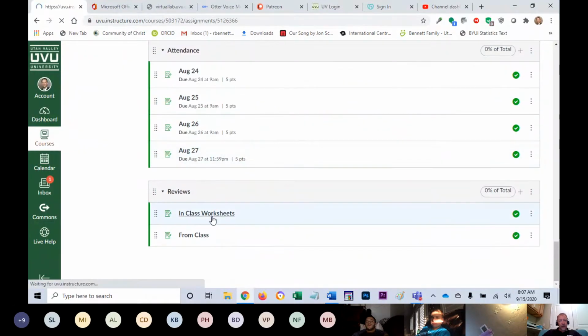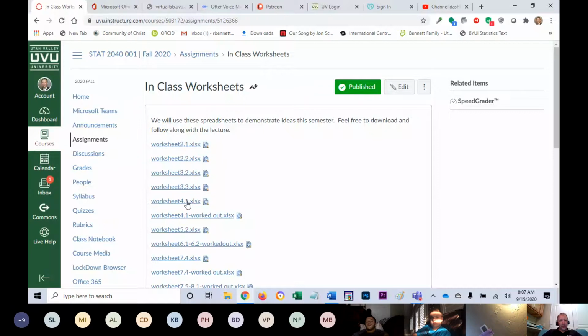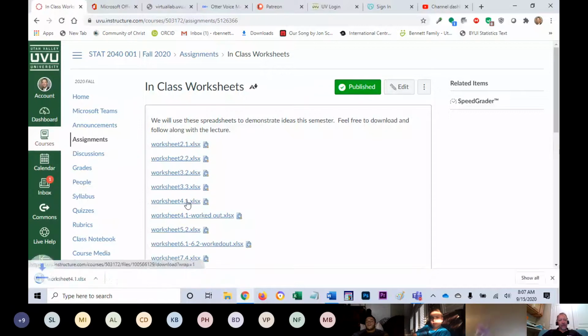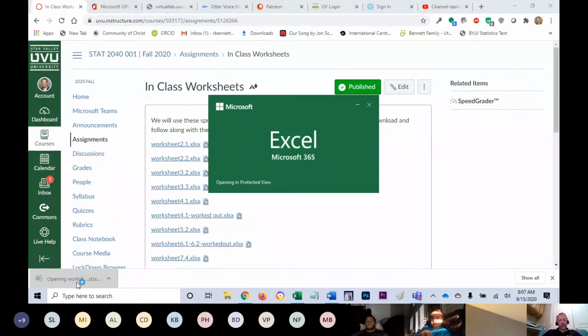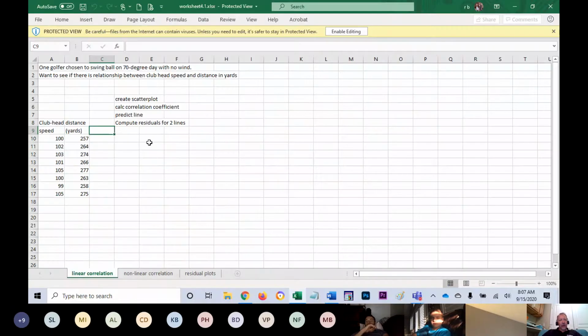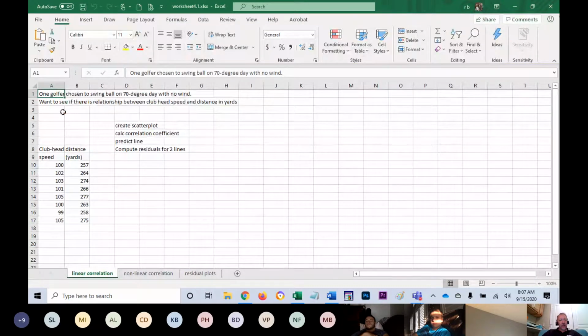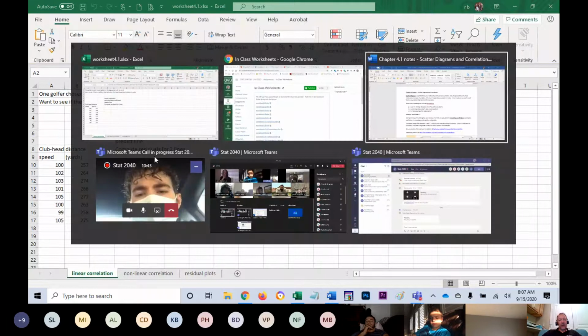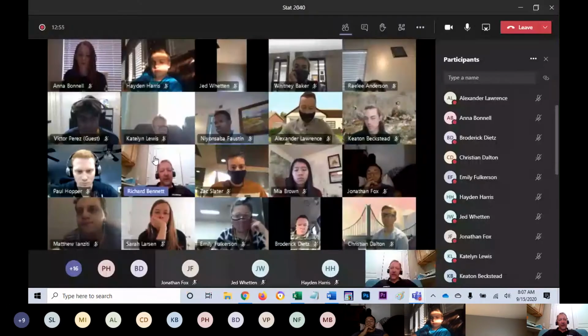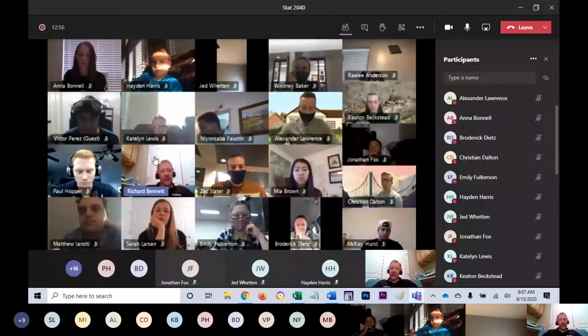All right, so I'm going to pull up this spreadsheet, worksheet 4.1. A golfer has chosen to swing the ball on a 70-degree day with no wind. We want to see if there's a relationship between club head speed and the distance in yards. So first question is, do you all think that there might be a relationship between club head speed and how far the ball goes?